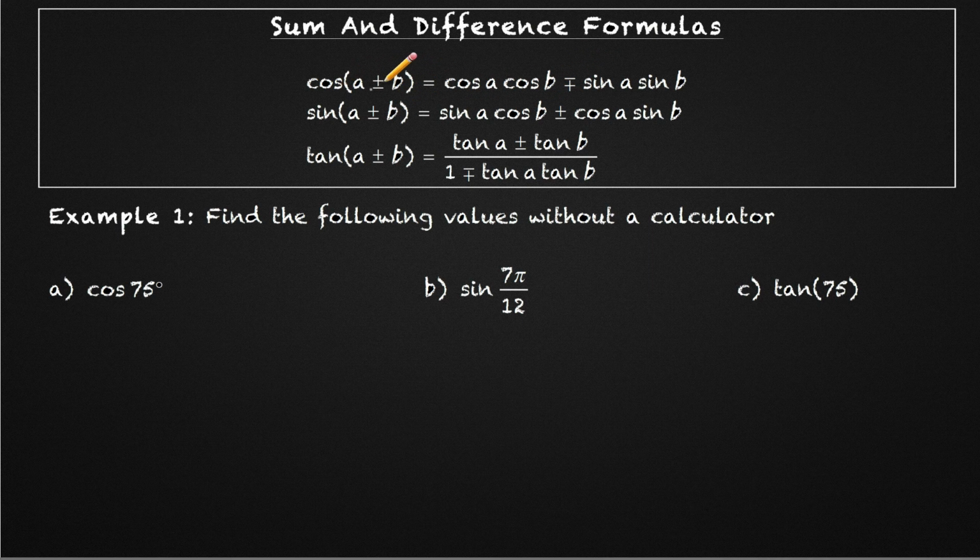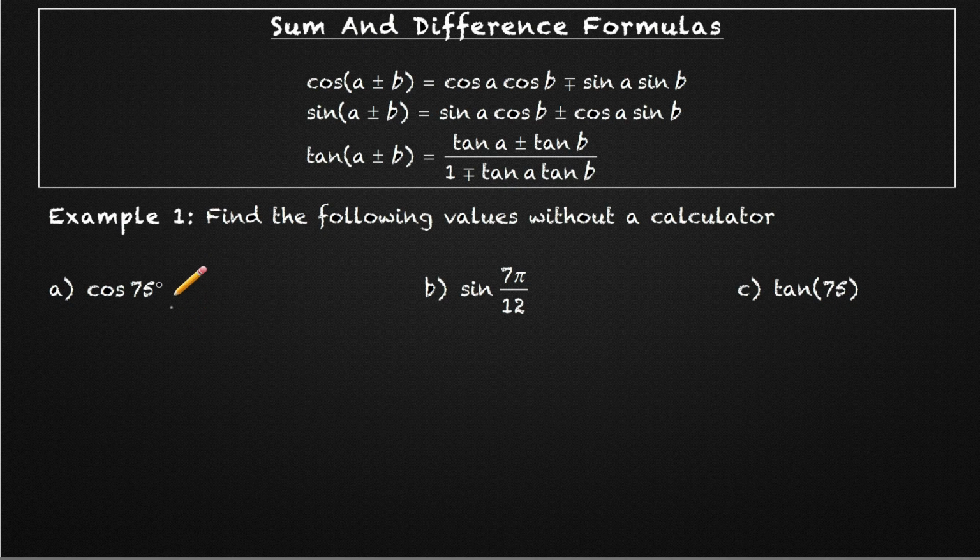So you have to remember that for the sum formula for cosine, the signs are reversed. If you're adding the two angles, then there'll be a minus here. If you're subtracting the two angles, then there's going to be a plus here. Sine of A plus B is indeed sine A cosine B plus cosine A sine B, and so on and so forth.